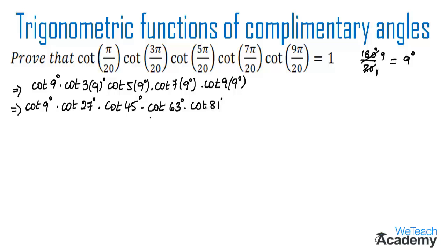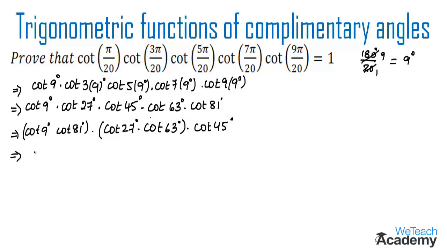Now let us group cot 9 degrees and cot 81 degrees, and group cot 27 degrees and cot 63 degrees, along with cot 45 degrees.